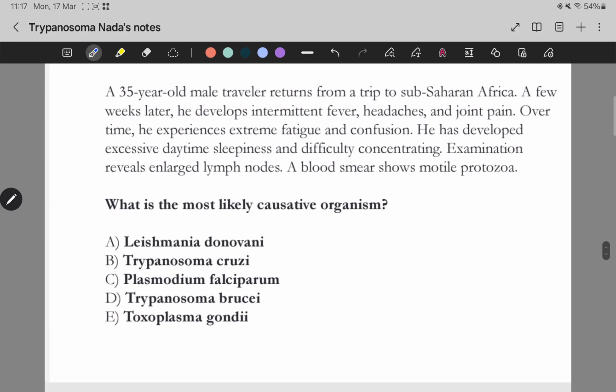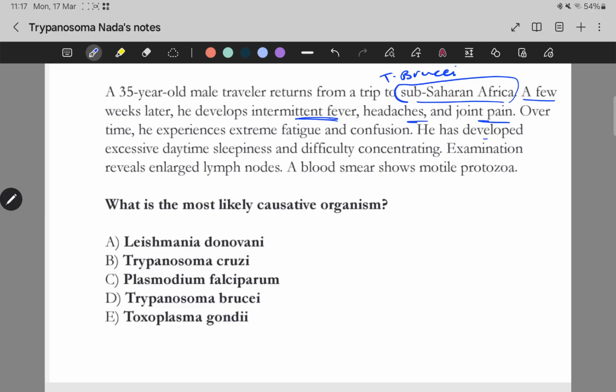Here, a question is saying, a 35-year-old male traveler returns from a trip to sub-Saharan Africa, so mostly Trypanosoma brucei, either Gambiense or Rhodesiense. Okay, we will see. A few weeks later, he develops intermittent fever. Intermittent means it comes and goes. Okay, headache, joint pain, and over time he experiences extreme fatigue and confusion.